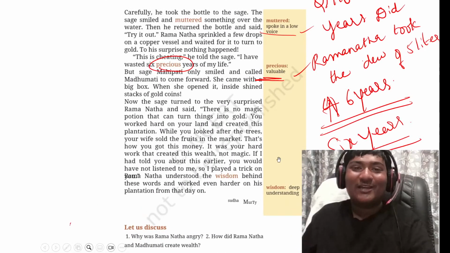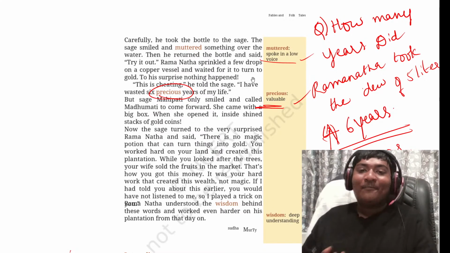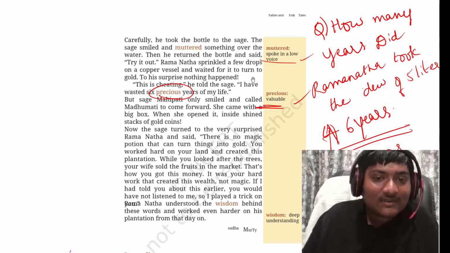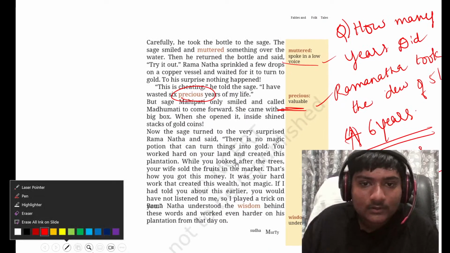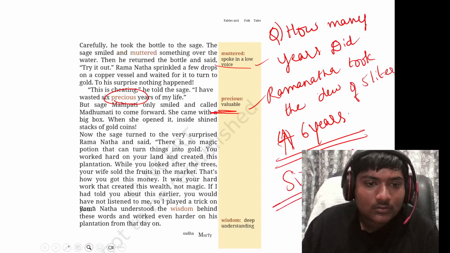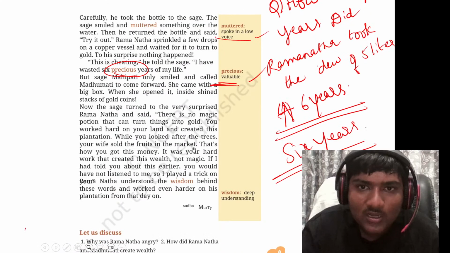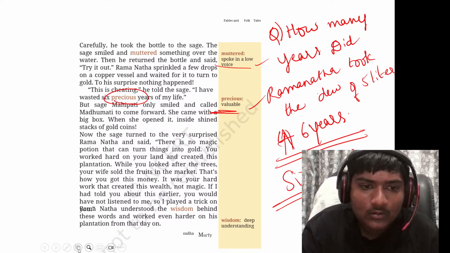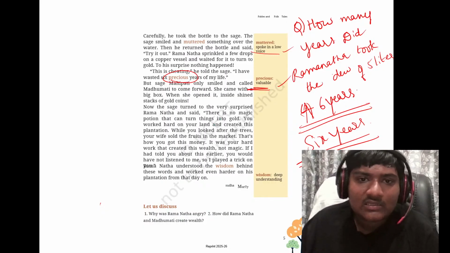Okay, so a very, very important thing has occurred in the chapter. Listen, not magic. There is no magic potion that could turn things into gold.